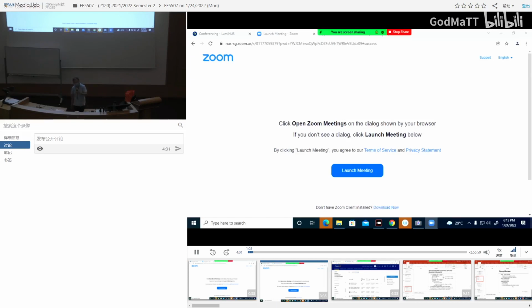So a lot of things that you do in class, this hand analysis, all this, actually in the working world, people are relying on the tool, on the software to simulate for you. Then of course you ask me, why do we go through EE5507, teach you how to analyze the circuit? That's because you need to understand how the circuit works, and also you will need to double check the simulation result.